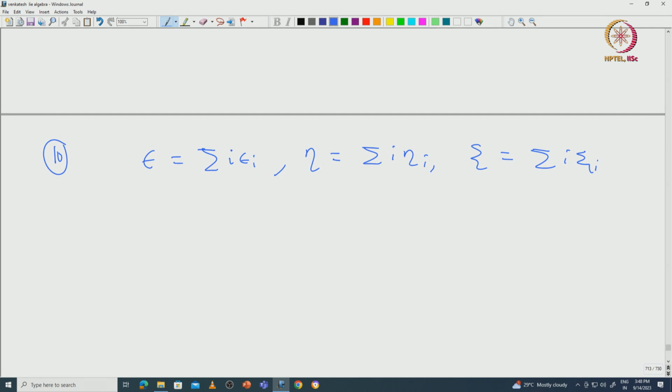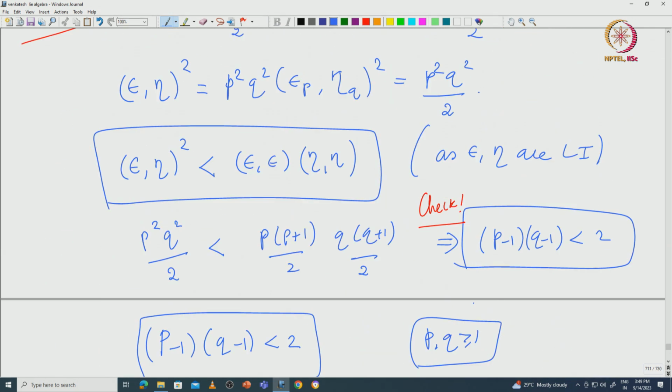So, recall how the graph is there. This is the branching node that we call xi, and all other things are here. For example, this is epsilon p minus 1 to epsilon 1, and this is xi r minus 1 to xi 1, eta q minus 1 to eta 1. This is the labeling that we have. Okay.